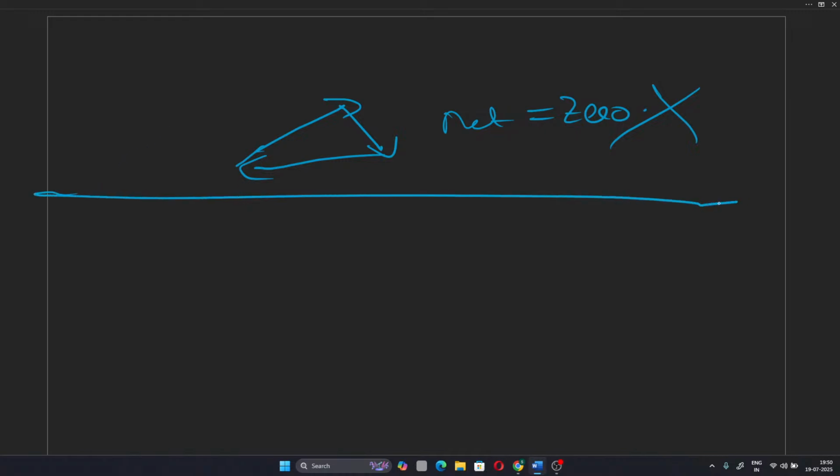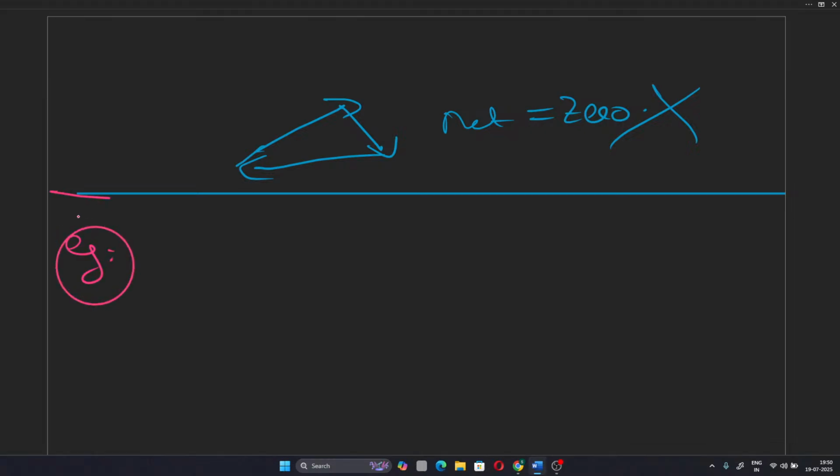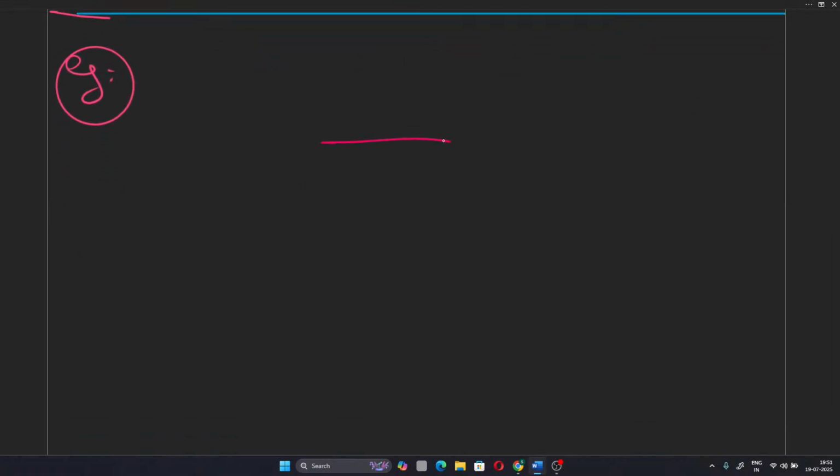And the next question is, they showcased a diagram here. This is a normal hexagon.